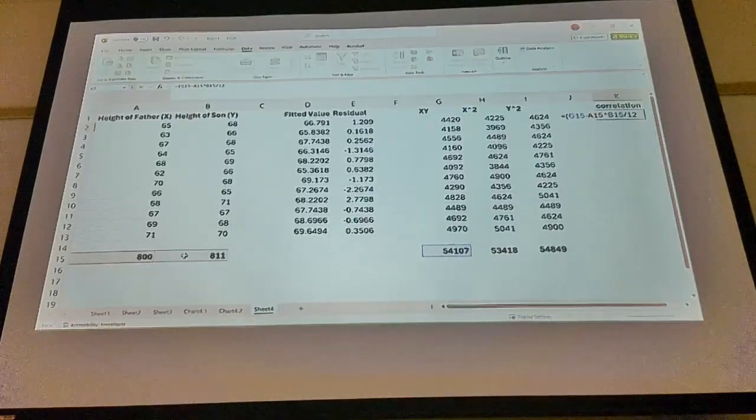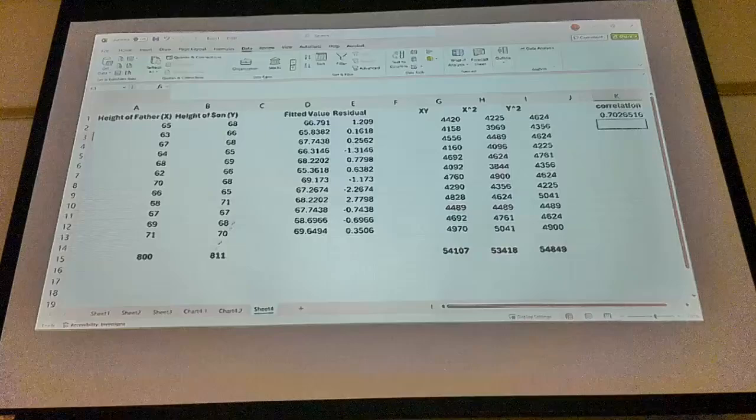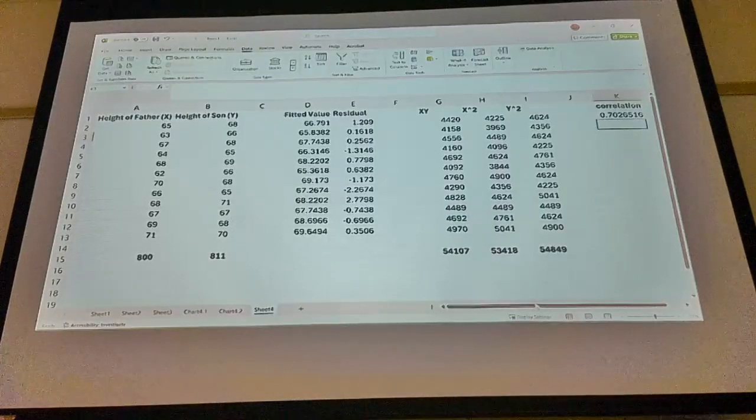That was a sample of 12. Divided by the square root of sum of x squared minus sum of x, squared, over 12, times sum of y squared minus sum of y, squared, over n. There is the correlation coefficient.